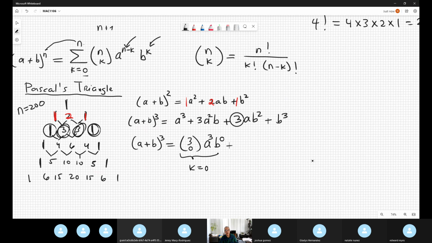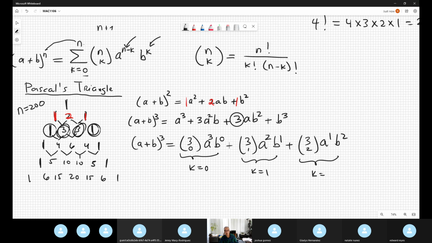Plus, now k equal 1 is 3,1, a^2, b^1. This is for k equal 1. Plus, combinatory 3,2, a^1, b^2. This is for k equal 2.